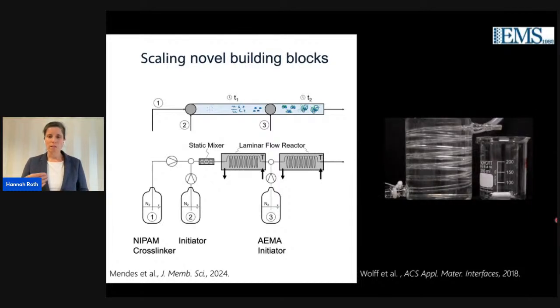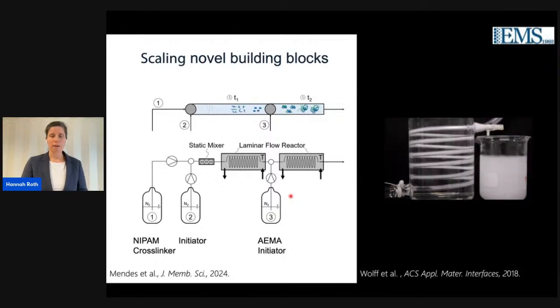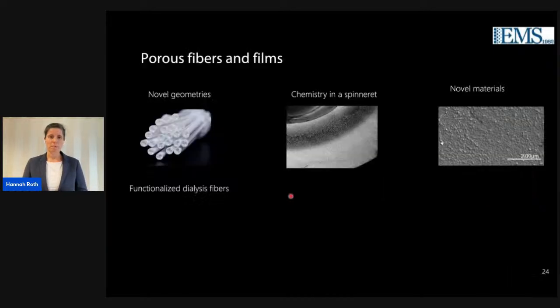Once the solution starts to become milky, first particles have formed, and then by adding the amine component and initiator in between two of the flow reactors, we can then get a core shell structure of these microgels to have a certain functionality on the outside of the microgel. And these microgels can then be incorporated into the hollow fiber spinning process.